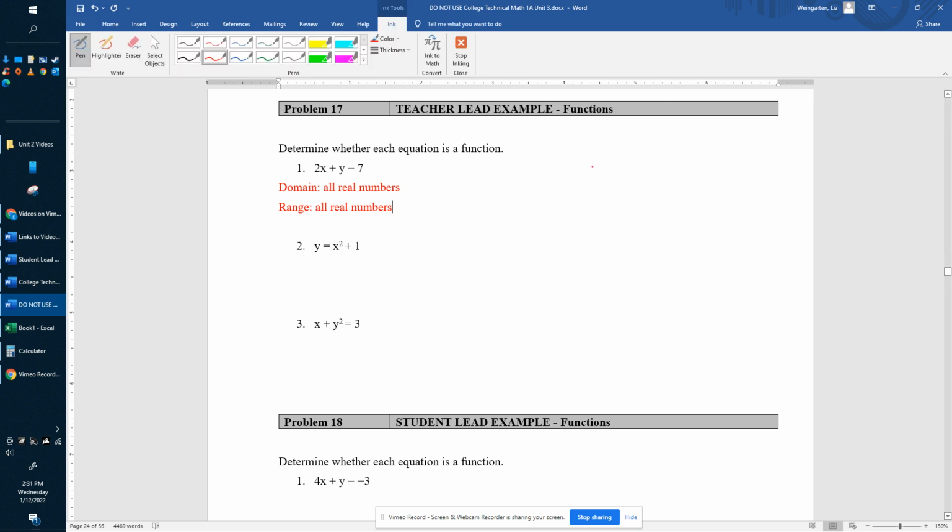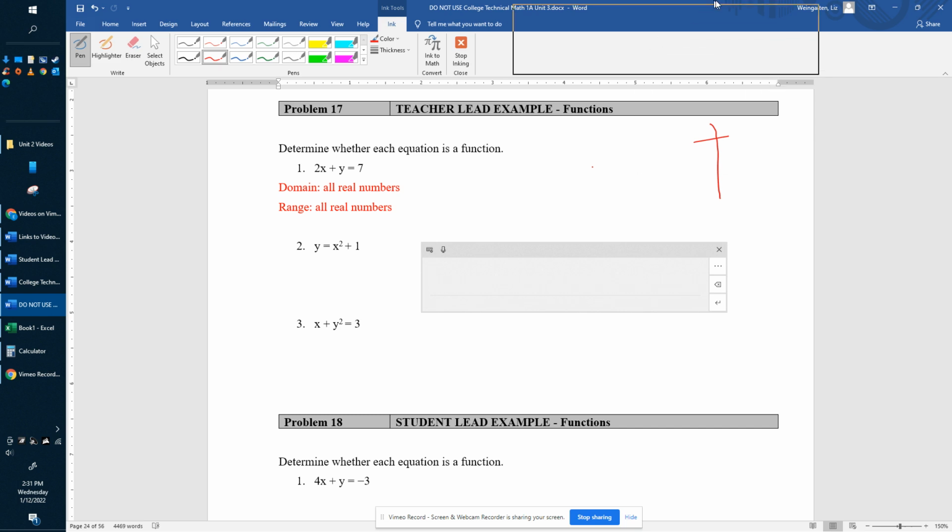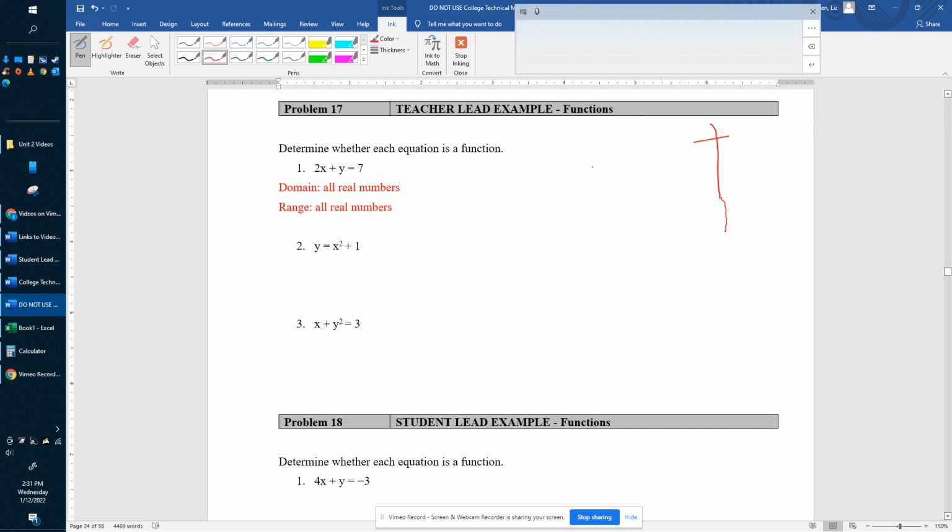This is going to be one of those scenarios where I will say, draw a t-table. What we're going to do to test this out is we're going to put in values for x, values for y. We'll put in a positive value for x, let's say 3. We'll put in a negative value for x, let's say -1.